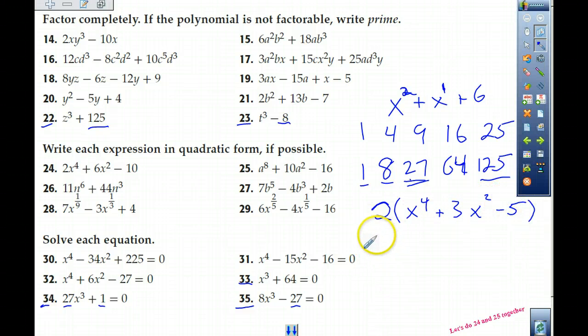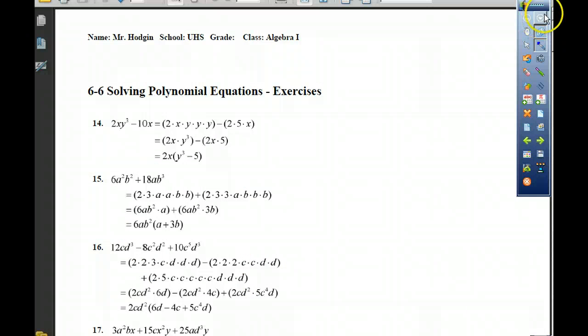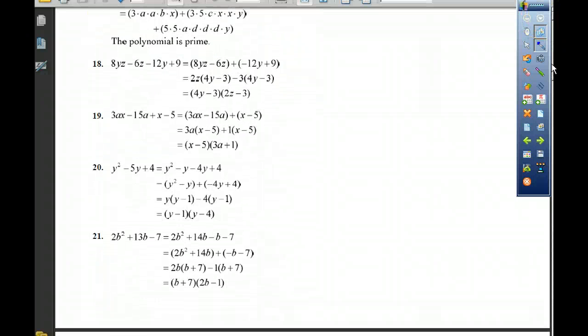And then from here, we're saying, well, can we write this as something squared?